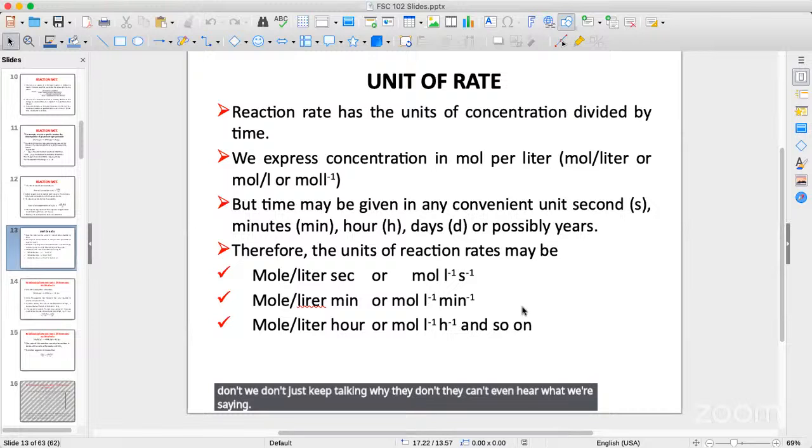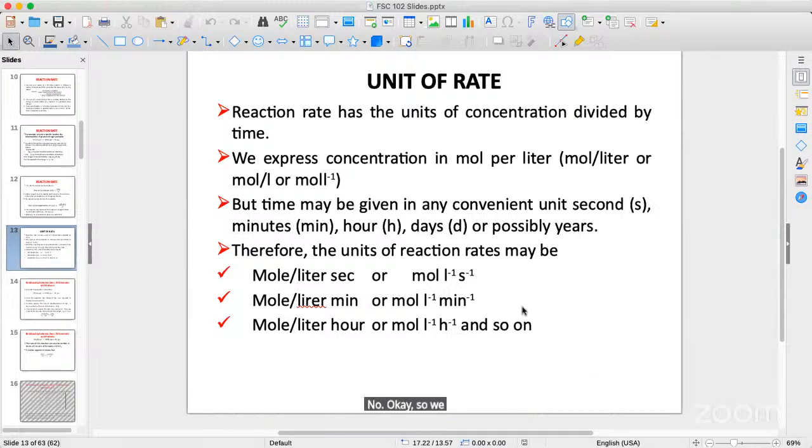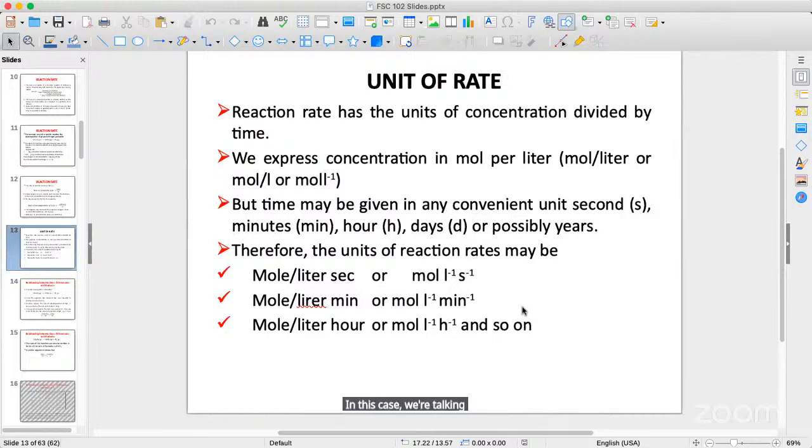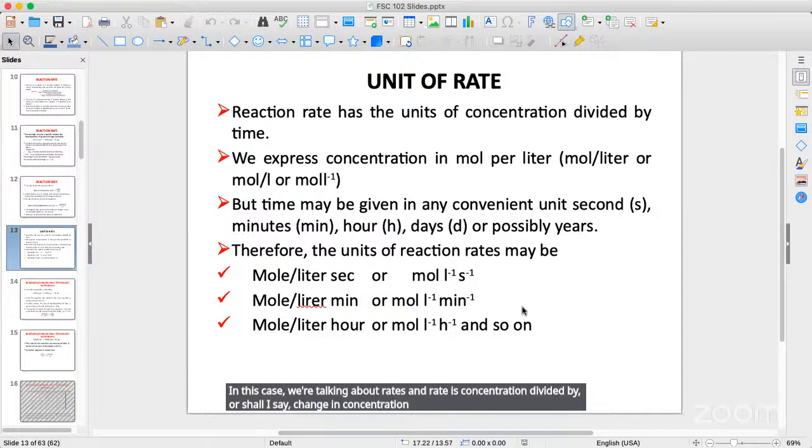Now, we already spoke about the unit of rate of reaction. The unit of any parameter originates from the mathematical formula for that parameter. In this case, we're talking about rate, and rate is change in concentration divided by change in time.